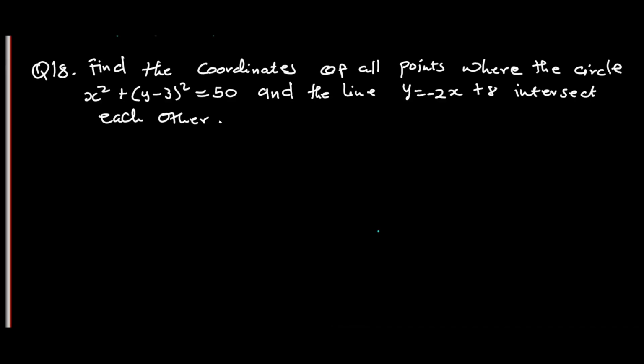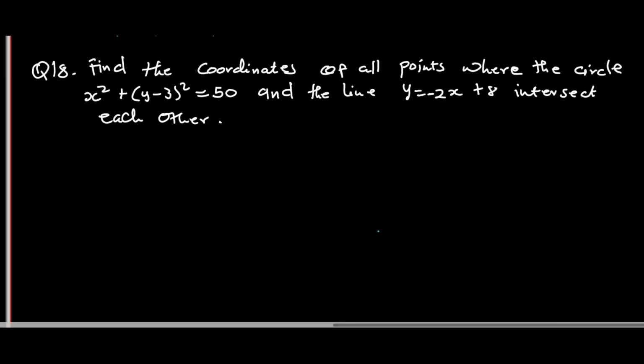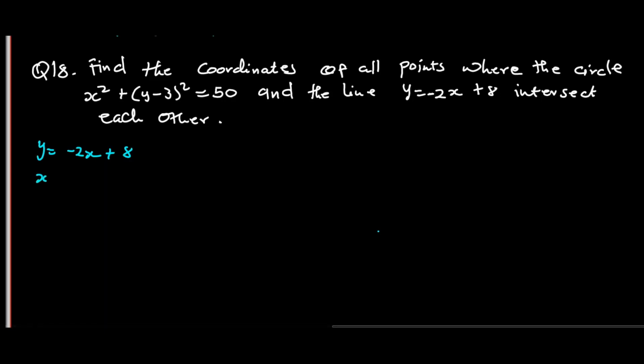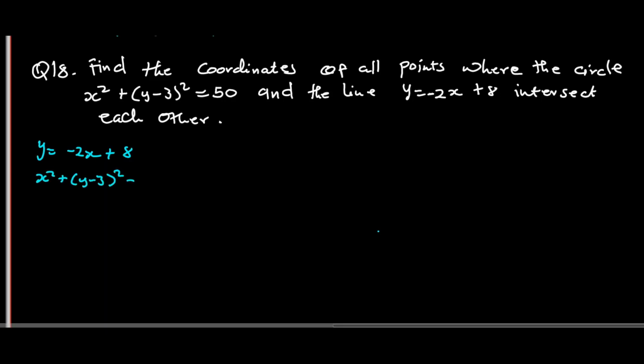So what we have is y equal to -2x plus 8, and then we have x squared plus y minus 3 squared equal to 50.